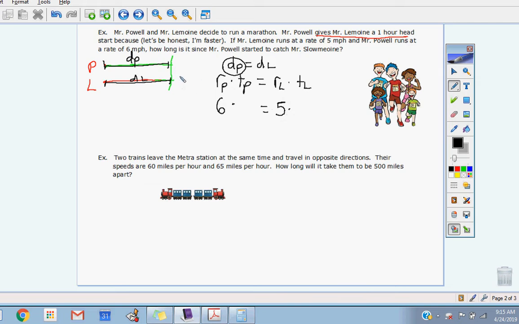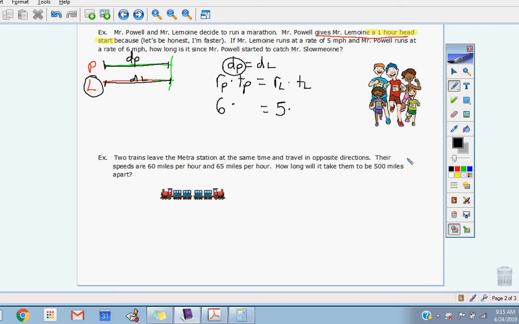We do know something about their times, and that's where we're going to go back to the problem and highlight where it says a 1 hour head start. So right now you have to slow down and think, who's been on the road longer? Well, Mr. Lemoyne has, because he had a head start, correct? I haven't been running as long because I'm running faster.